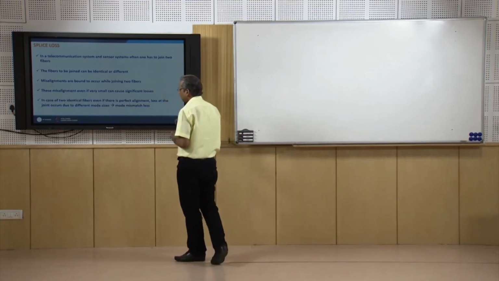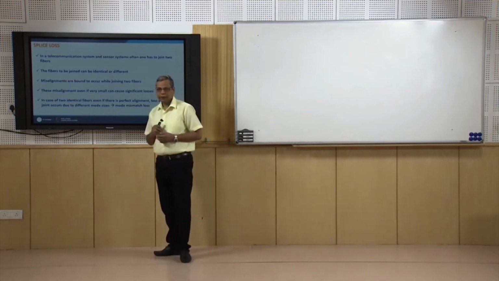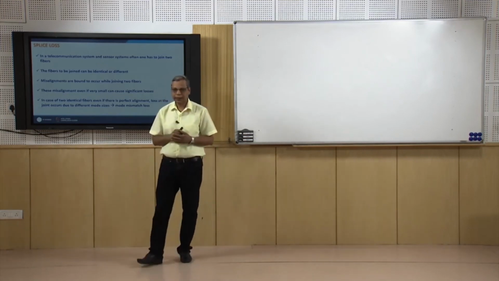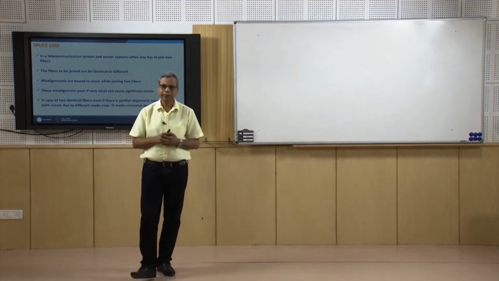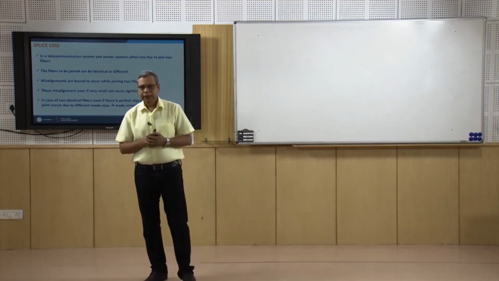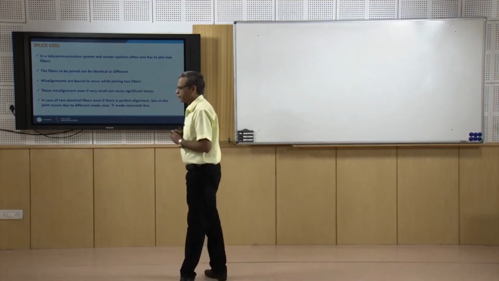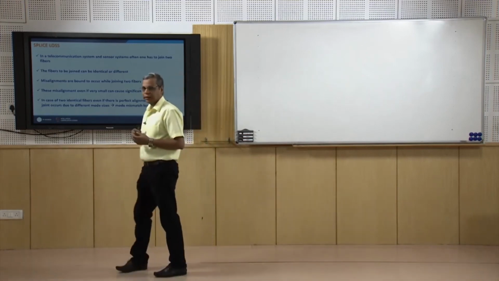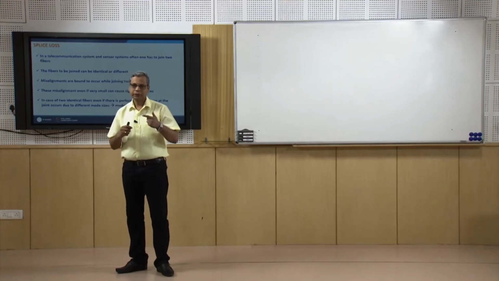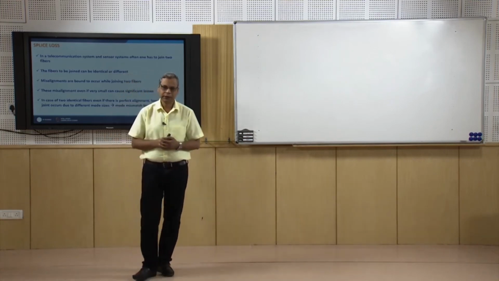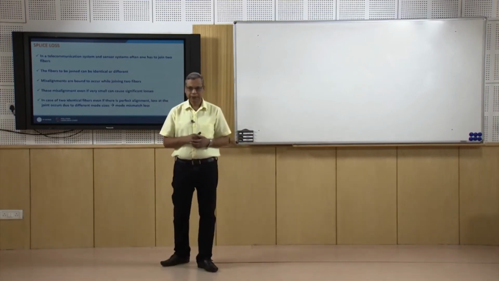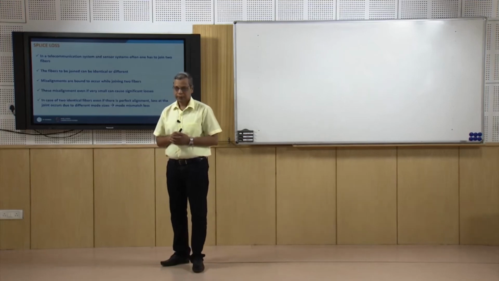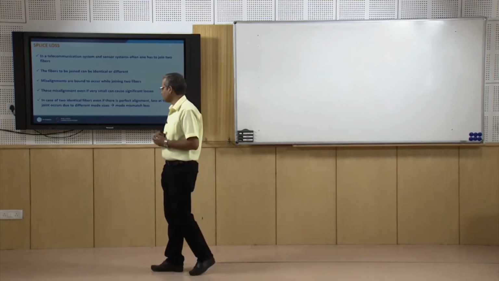And in the case of two non-identical fibers, even if there is perfect alignment, because of the difference in the fiber parameters, there are always some losses. Basically, the mode of one fiber would be different from the mode of the other fiber, and because of this mismatch between the modes of two fibers, there would be a loss, and that is known as mode mismatch loss.